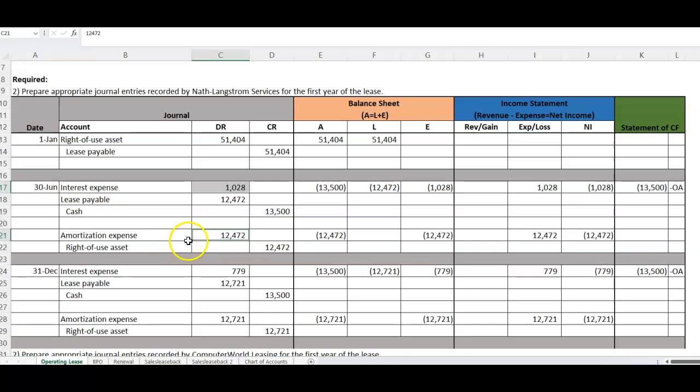Or not questionable, but different. Let me say it that way. It's not questionable, that's GAAP, but it is a little different. So we want to go in and record that. Normally speaking, when we report this, we would report them net. We'd show them together as one expense for the lease. So they would be reported as one on our income statement as some type of lease expense, so as to avoid confusion with our counterparts.